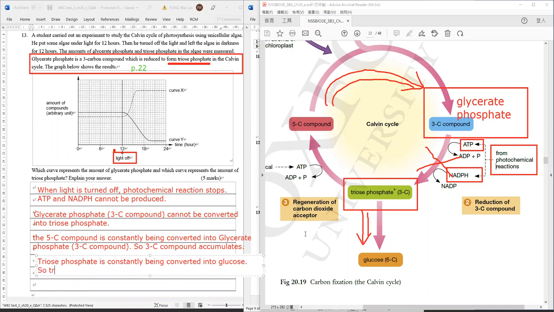So triose phosphate is exhausted, or you can say depleted.